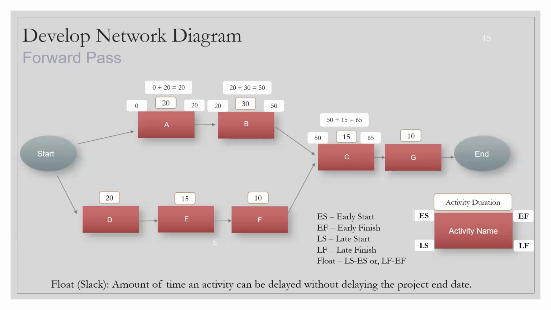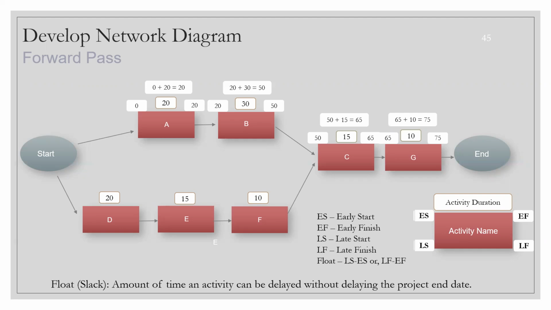We'll do that when we get into the backward pass, and also when we get to that particular path. So we are just completing one path now, A, B, C, G, end. Then we will start with D, E, F, C, G, end. So 65 is the starting point for G, and the early finish for G is 65 plus 10, which is 75. Very simple. Till now, I think it's very clear.